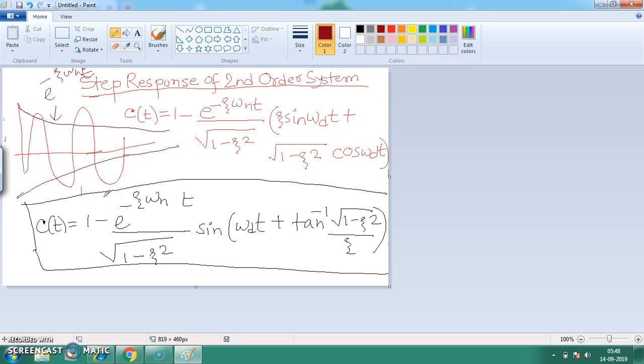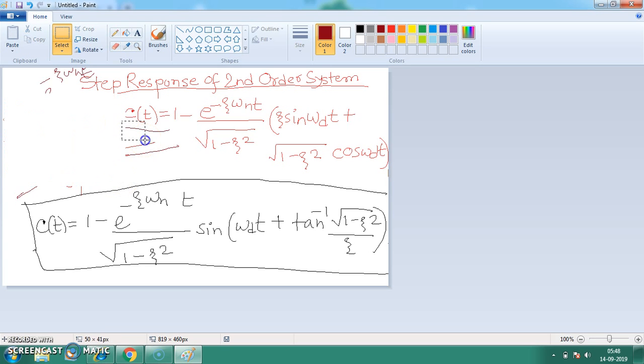So what is the ultimate expression we can get? It will look like, so the ultimate diagram will become like this.